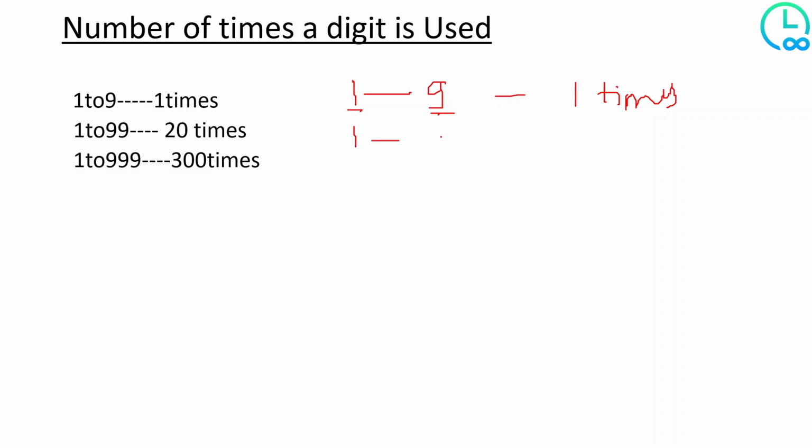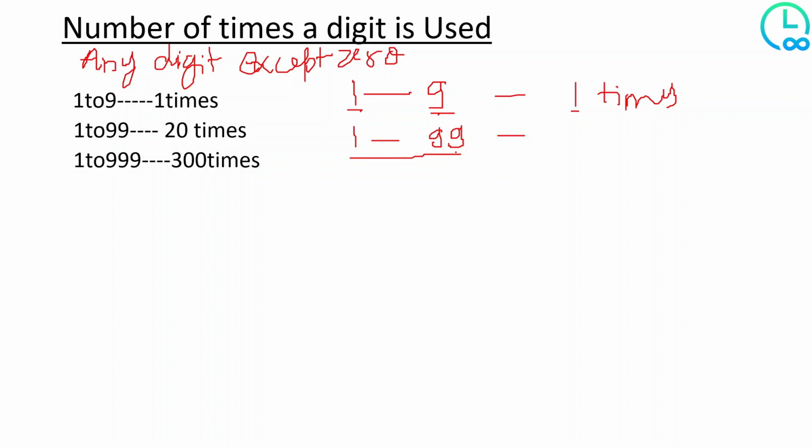Then 1 to 99: any digit except 0. Remember this. For 0 there is a different rule, which I will explain. This pattern is for any digit except 0. So from 1 to 9, how many times will any digit come? One time. From 1 to 99, how many times will any digit occur? How many nines are there? 2.